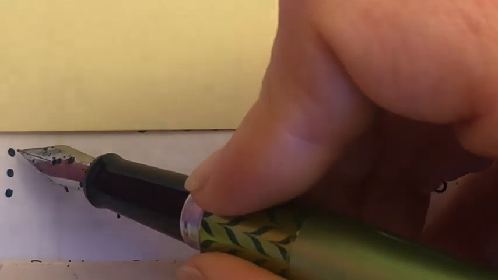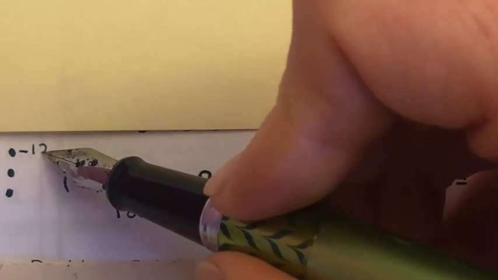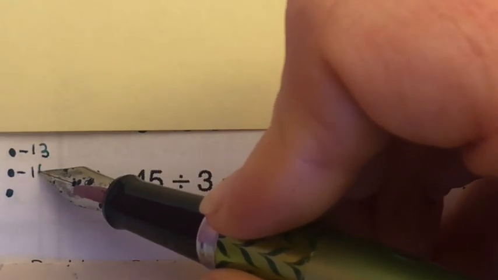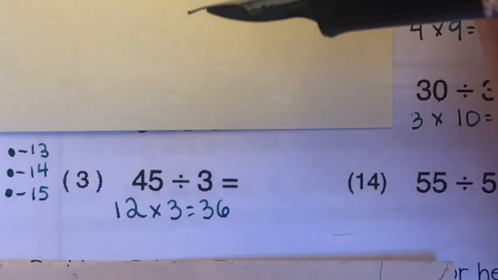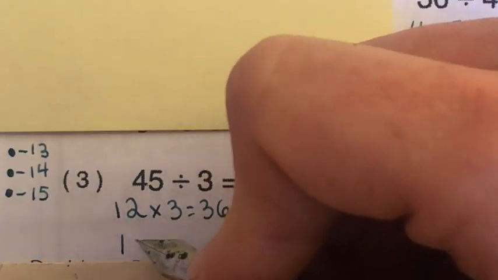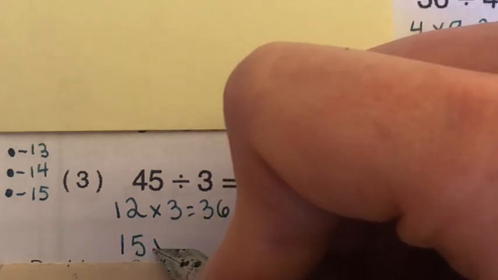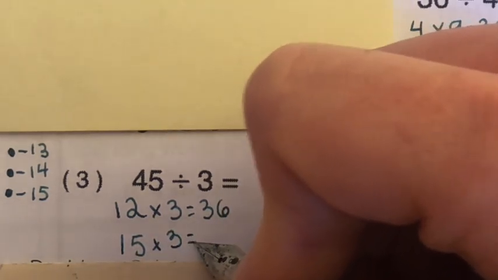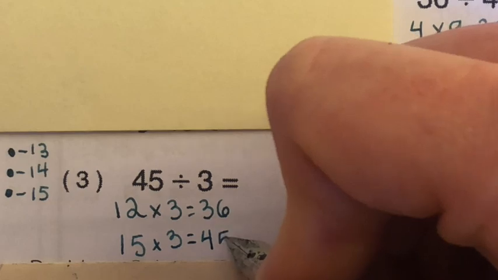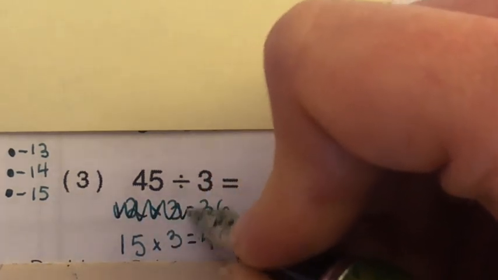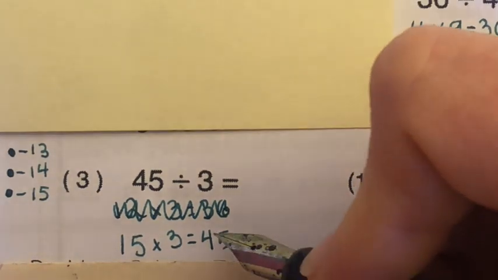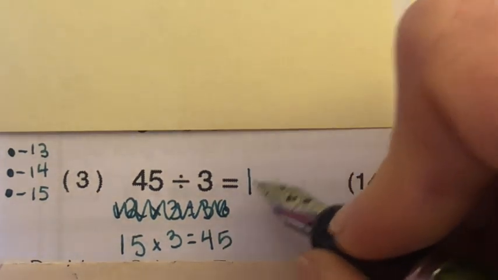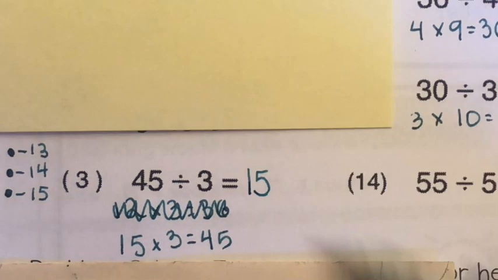So 12, 13 groups of 3, 14 groups of 3, 15 groups of 3. So now we have 15 groups of 3 is 45. Okay, we started at a known fact and we counted up. So 45 divided by 3 is 15.